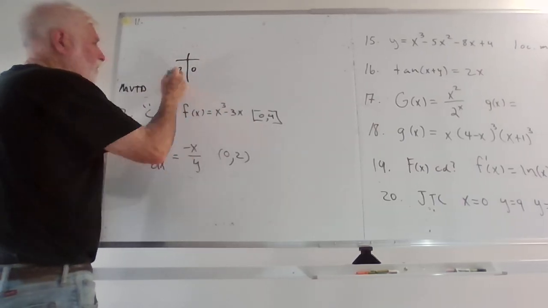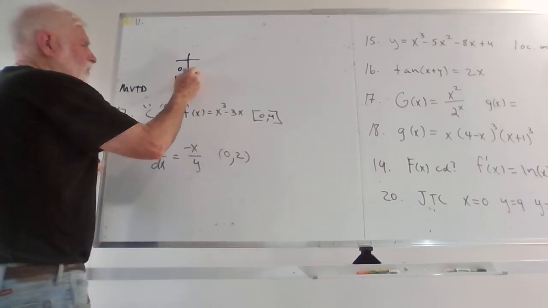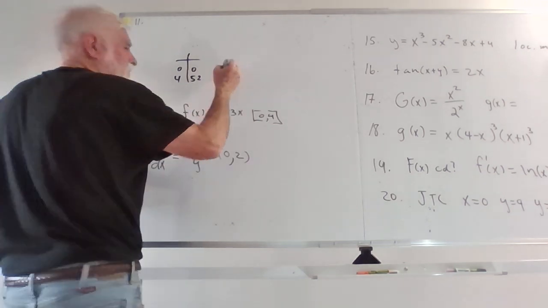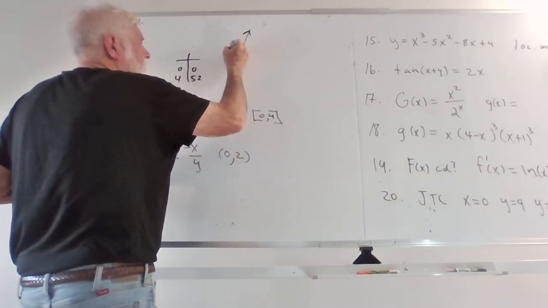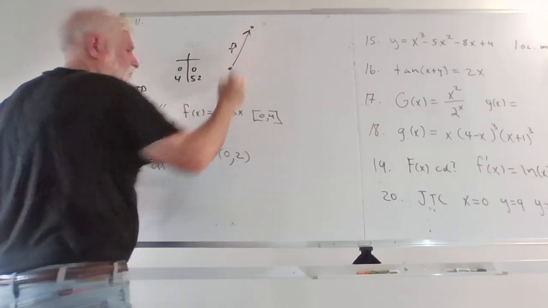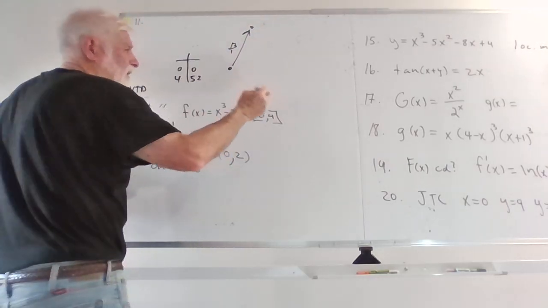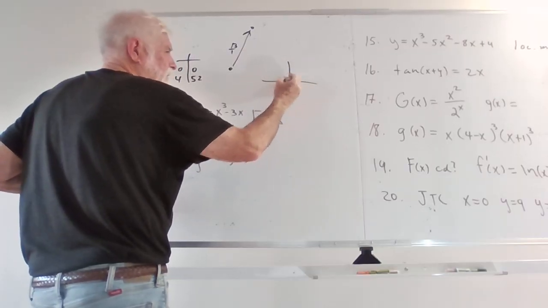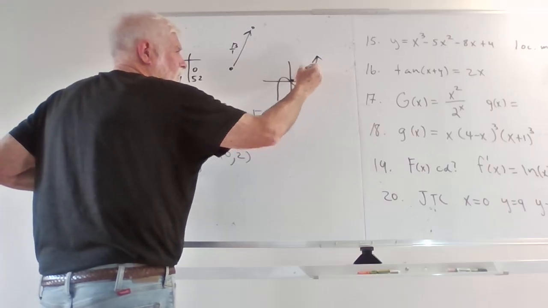I put a 4 into this function, and I get 64 minus 12, 52. I divide 52 by 4, and I get 13. So the slope is going up at 13 to 1 from that location to that location. It looks like that would not be a very good graph. This graph looks like this, right? And so from here to here, 13 to 1.